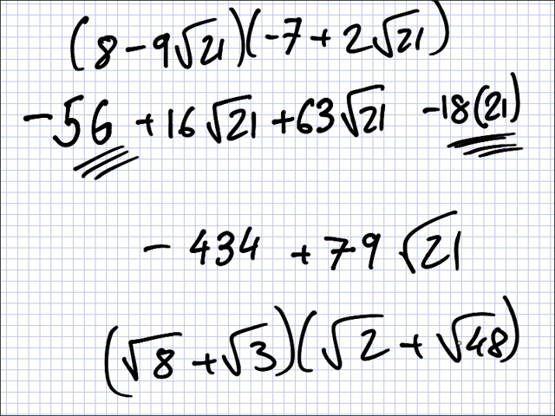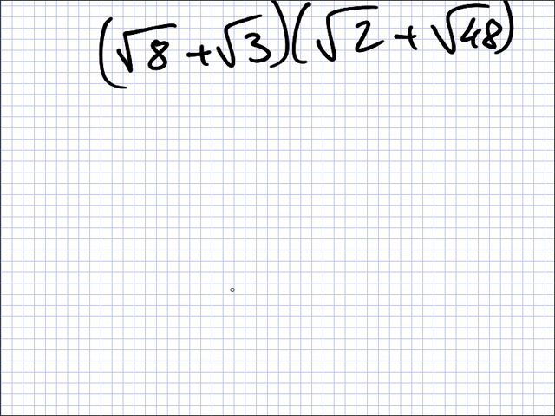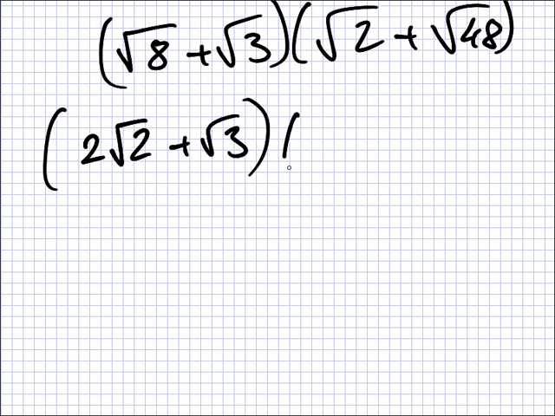Let's have a look at this one. So I can see with the root 8, you could change that into 2 root 2. So that's 2 root 2 plus root 3. And then this is root 2, and is this 4 root 3? Yeah, like this.